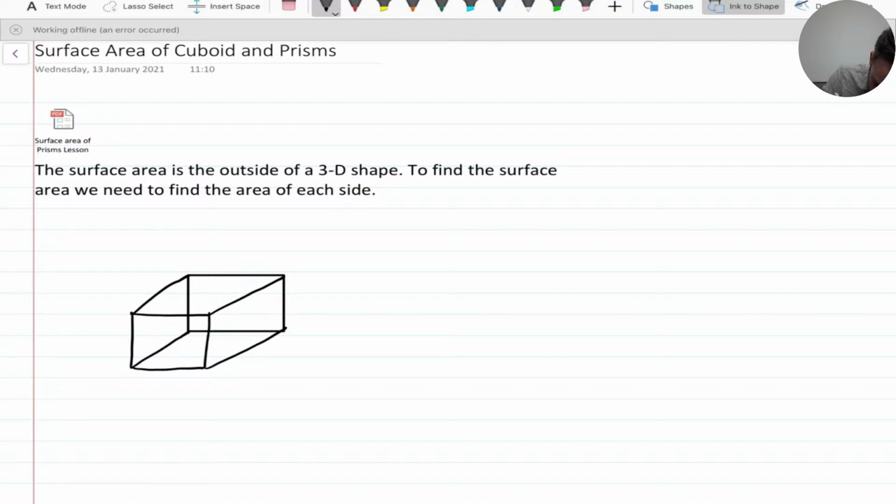Now I always like to use a highlighter for this, because the way we need to think about this is we're going to find the area of the front, the area of this front part.